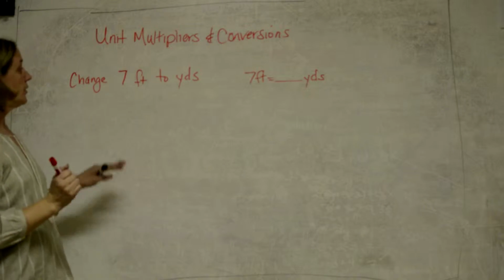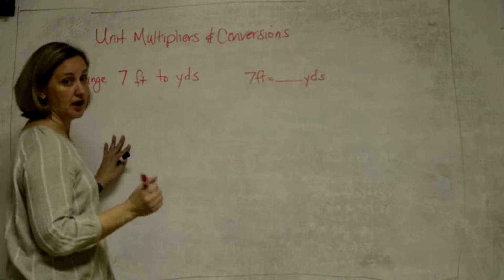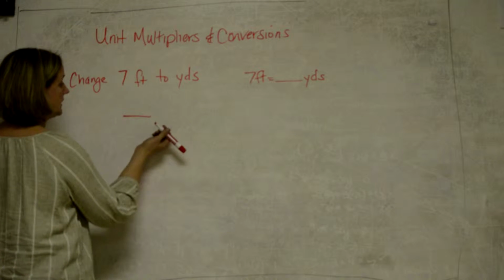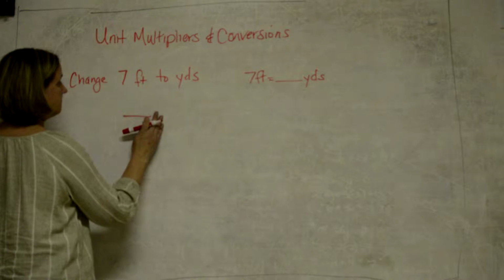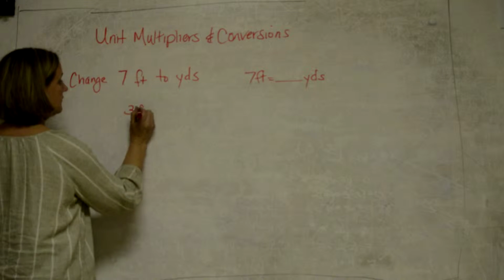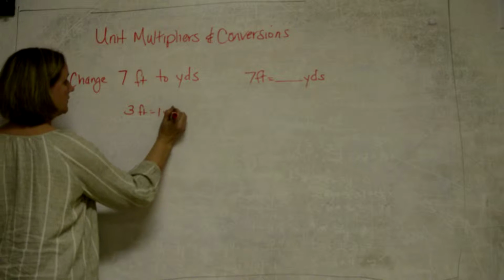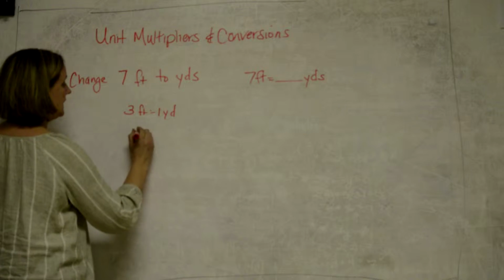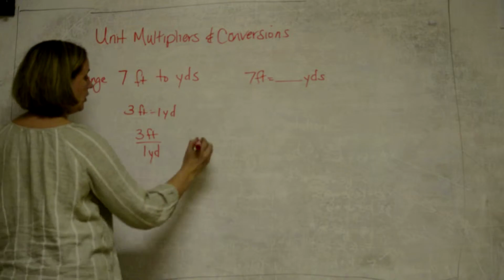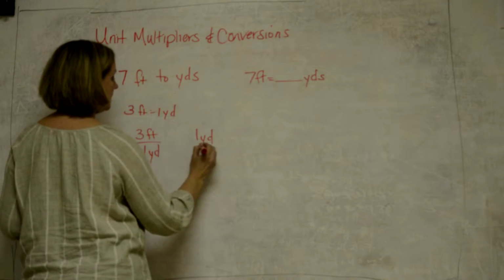If I'm trying to change feet to yards, I can do it one of two ways. Now first of all, I want to know that 3 feet equals 1 yard. So I can either do 3 feet is 1 yard, or I can do 1 yard is equal to 3 feet.